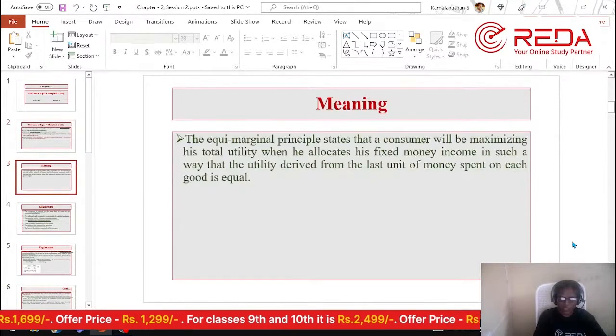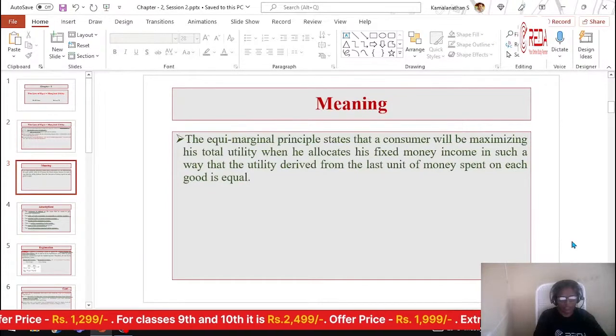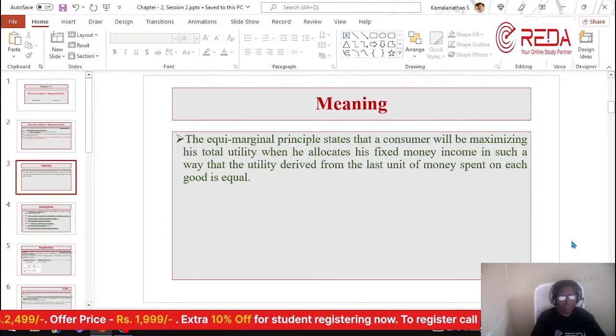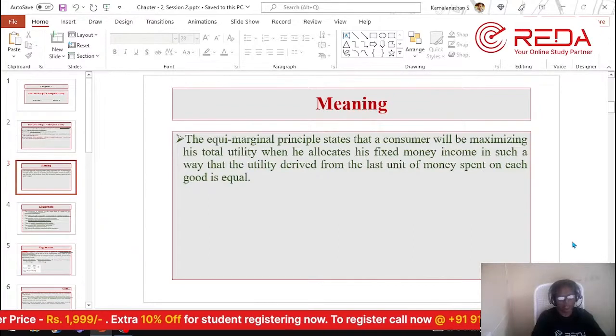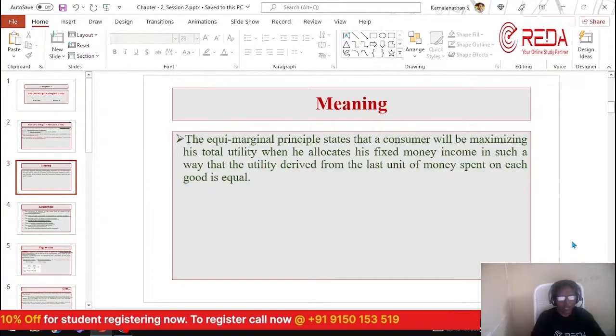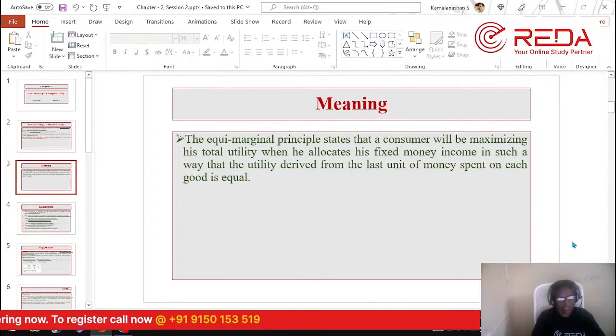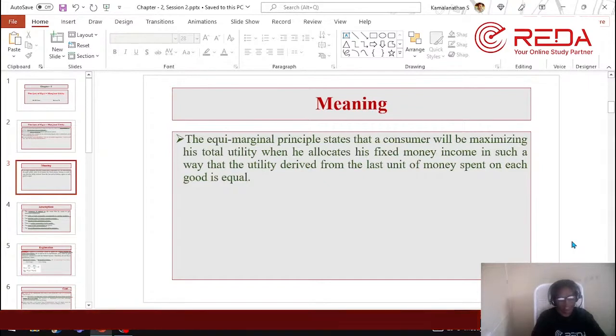Now we will see what the law of equi-marginal utility is. Equi means the equal importance given by the consumer in purchasing two commodities. If you want to buy two commodities, how far will your satisfaction level go in purchasing them? Whether the satisfaction from one commodity is more and the other is less.